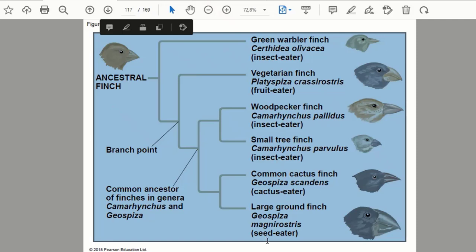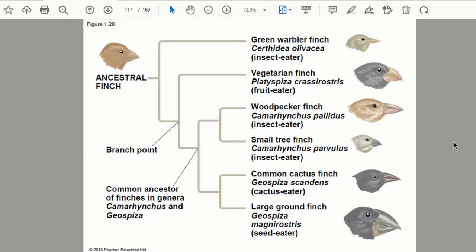You can also see that there are others which also feed on insects here, because this classification, or this branch, is particularly distinguished according to what they feed on, not necessarily according to all the species or all the genuses of finches. It is more to illustrate the distribution of the ones that have survived or the ones that are more common, because Darwin is saying the ones that will survive are the ones which have traits or features which better equip them to survive.